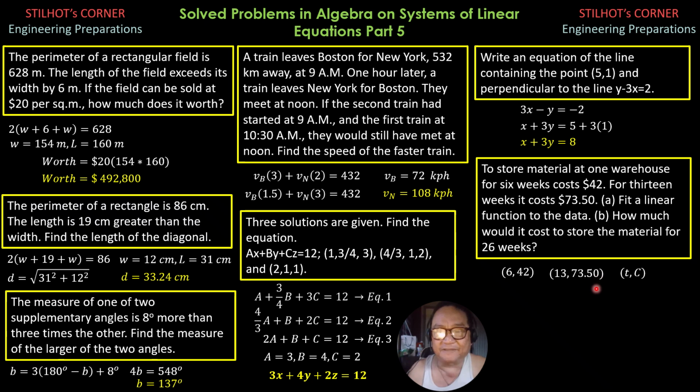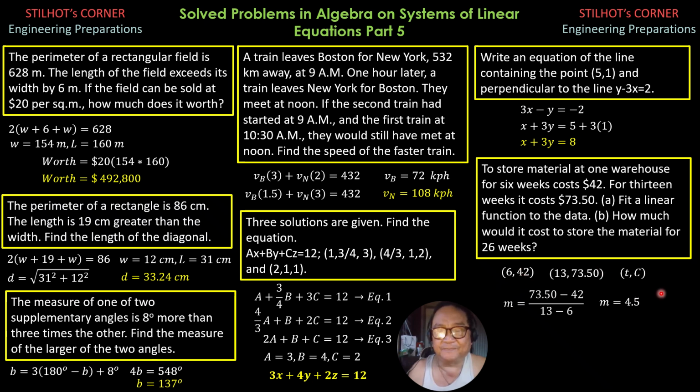So m is 73.5 minus 42 over quantity 13 minus 6, and that slope is equal to 4.5 or 9 halves.